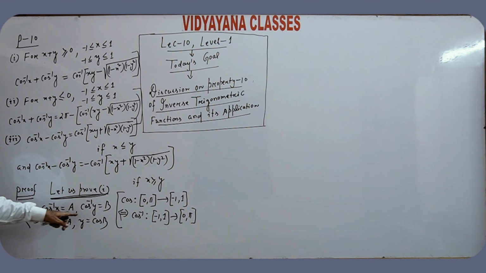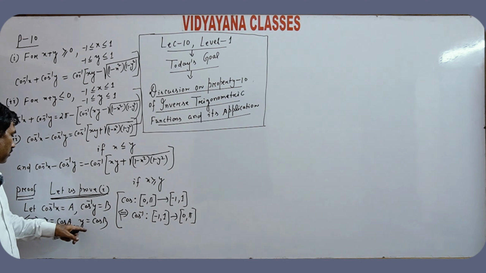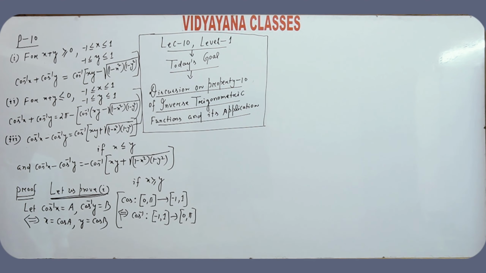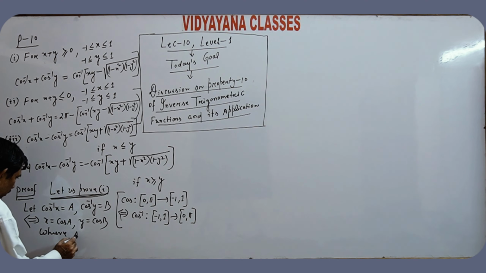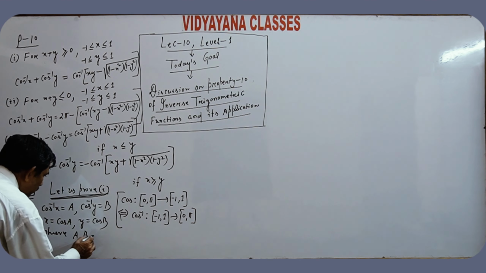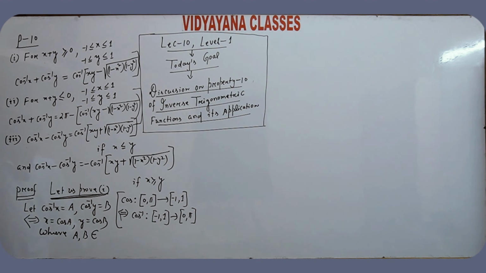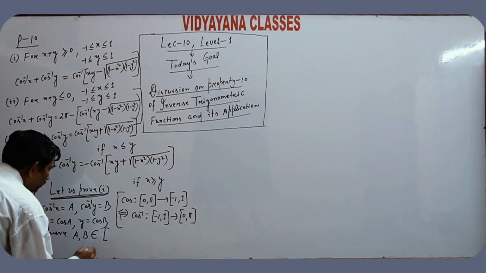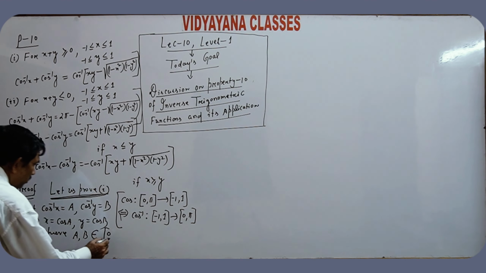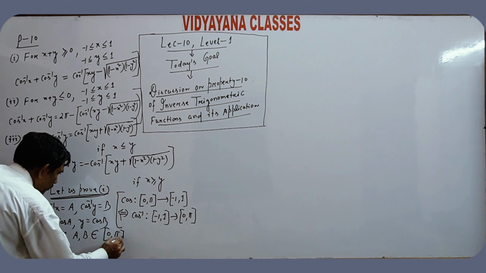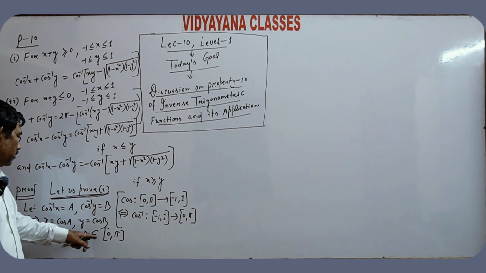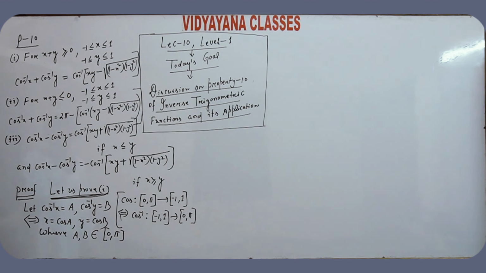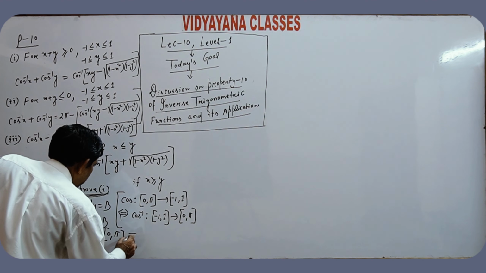Cos inverse x is equal to a, x is equal to cos a, cos inverse y is equal to b, y is equal to cos b, where a, b belong to the closed interval 0 to pi. A is greater than or equal to 0 and less than or equal to pi, b is greater than or equal to 0 and less than or equal to pi. Implies a plus b is less than or equal to 2 pi.